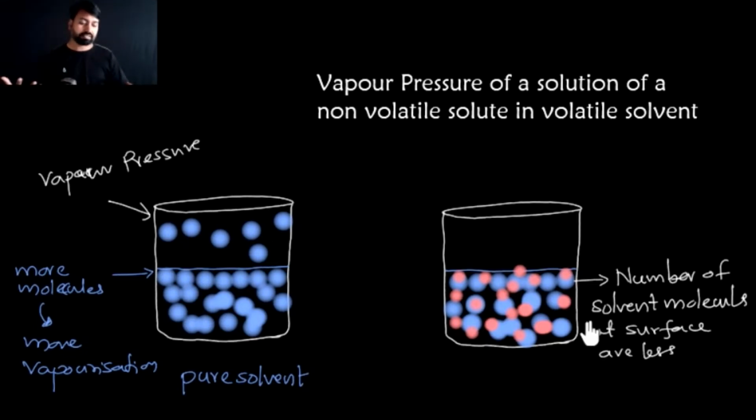Because of that, less vapor is created, since the surface area is reduced there. So the vapor produced is very less. Compared to this compartment, here there are few vapor molecules, and therefore less vapor.